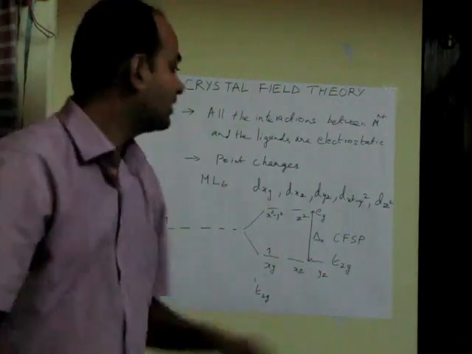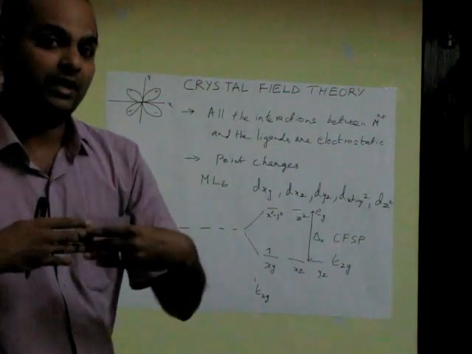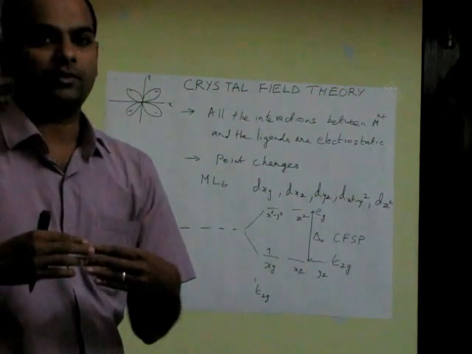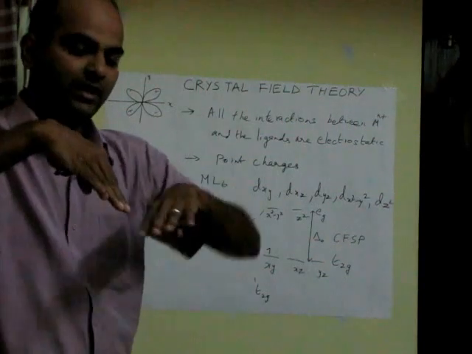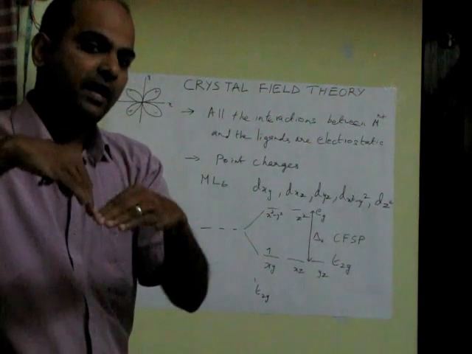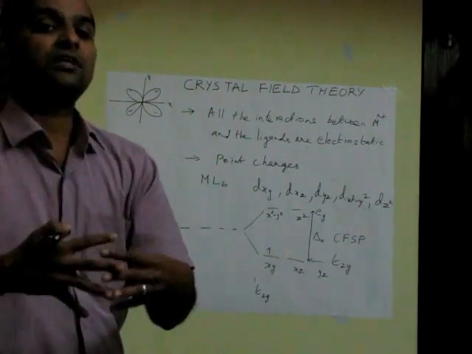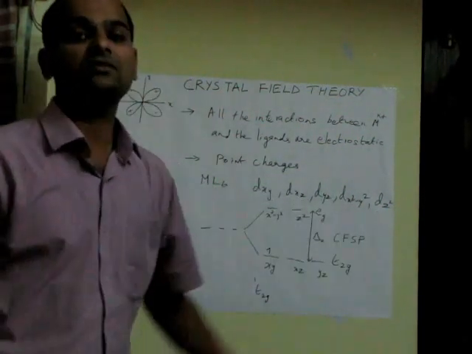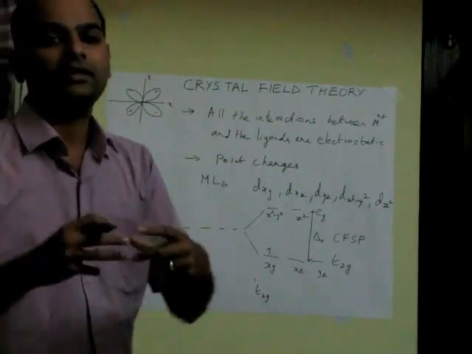And so these orbitals, which have their lobes in between the Cartesian axes, will experience a reduced amount of repulsion because they are at an angle. The ligand is approaching through the axis and the orbitals filled with electrons are at an angle. So they experience reduced repulsion as compared to the other two orbitals, which are dx2-y2 and dz2, whose lobes are directed along the Cartesian axes.